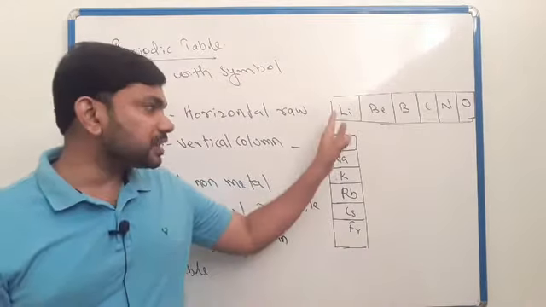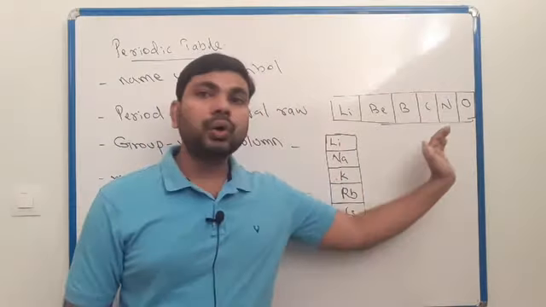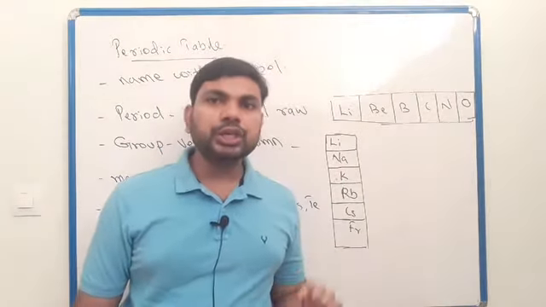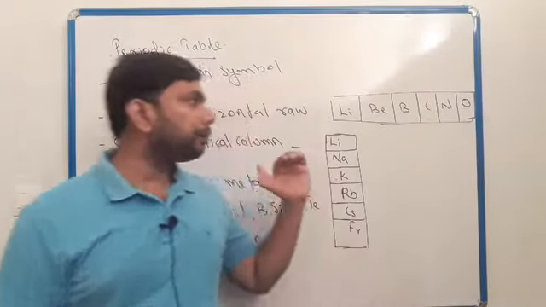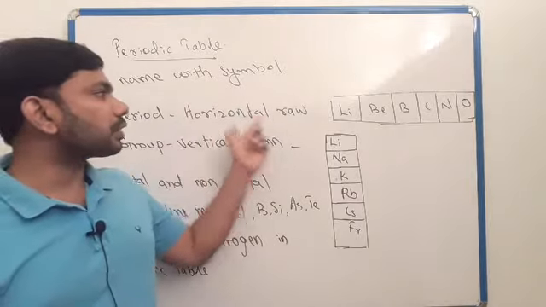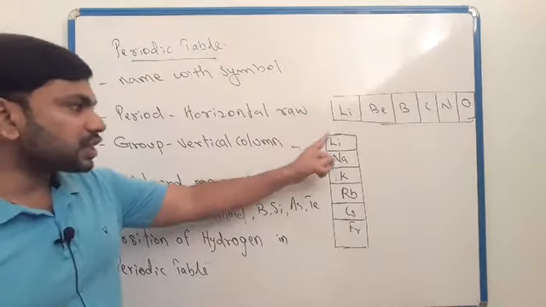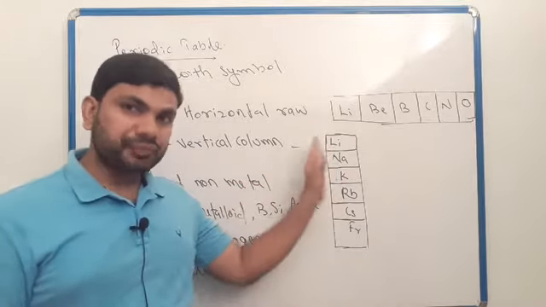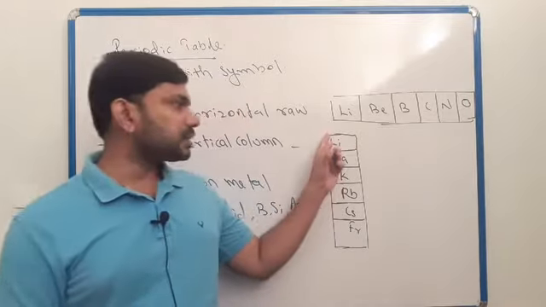In the periodic table, a vertical column is called a group and horizontal rows are called periods. So in the periodic table there are two terms, period and group. This is an example of a group. This is the first group, and after the first group comes the second group.